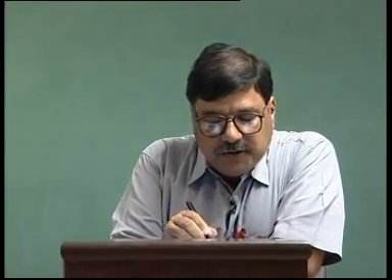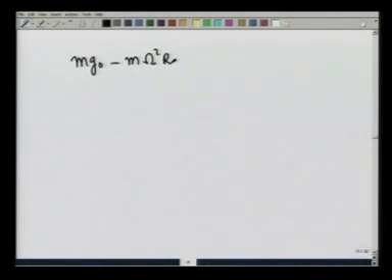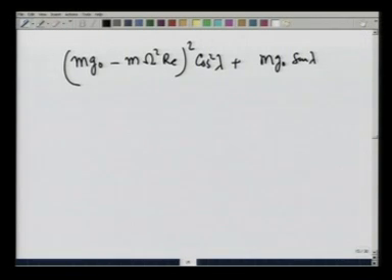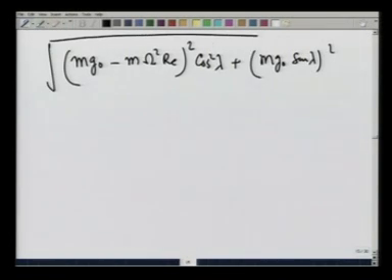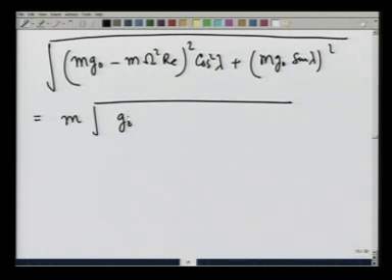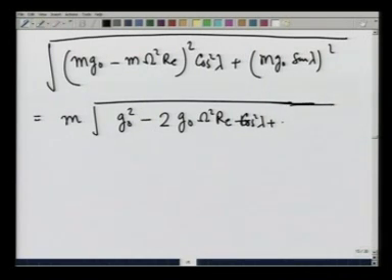So the net force that is to be balanced is the square root of (mg0 minus m omega square re cosine lambda) squared plus (m g0 sine lambda) squared, which comes out to be m times the square root of g0 square minus 2 g0 omega square re cosine square lambda plus omega raised to 4 re square cosine square lambda.